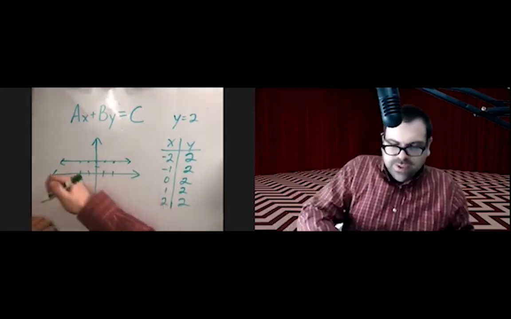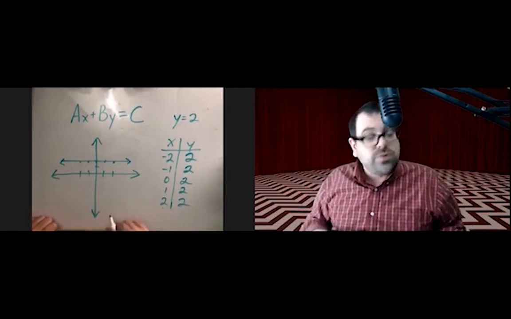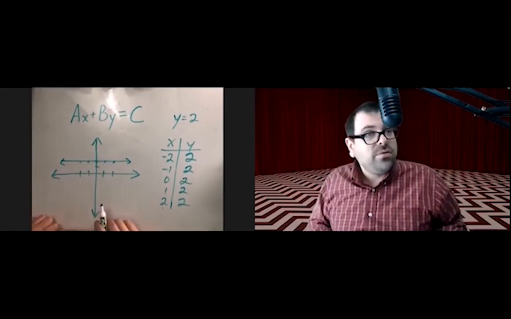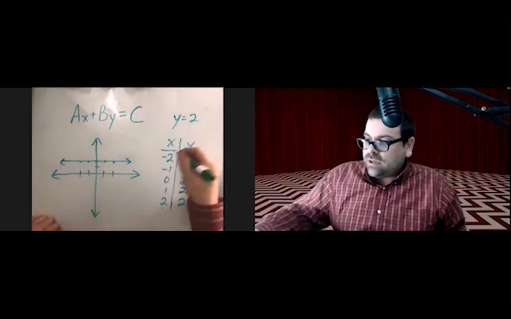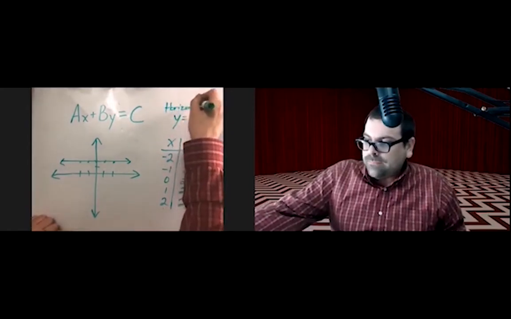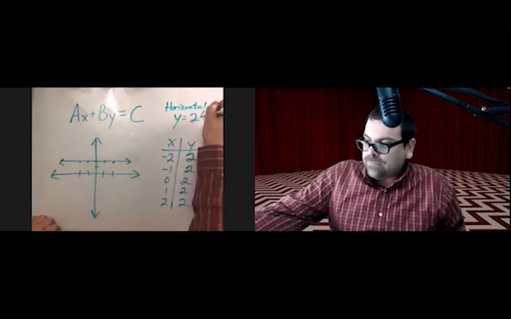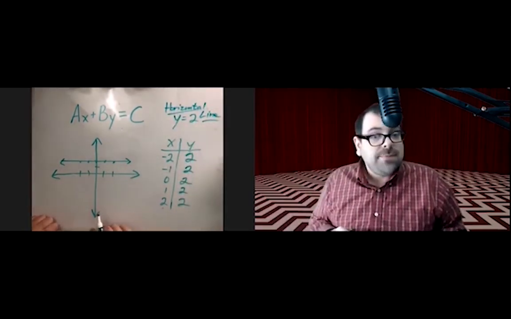It's a horizontal line that goes through a single y value. y equals 2. So y equals a number, that's a horizontal line.